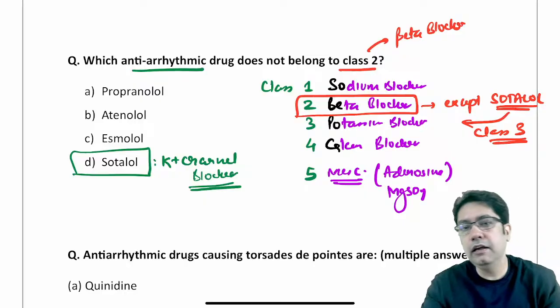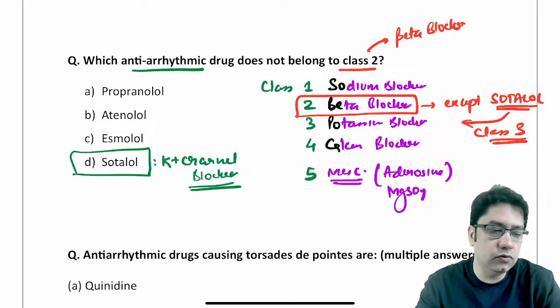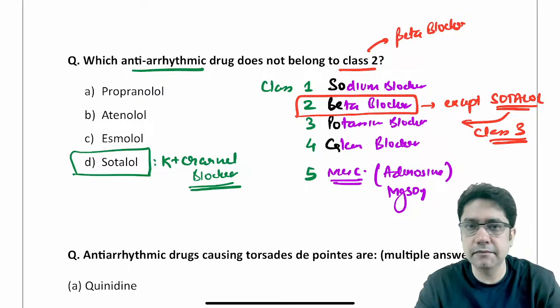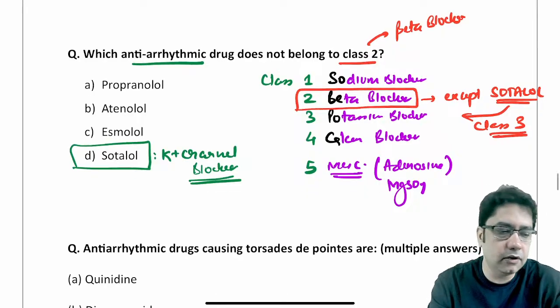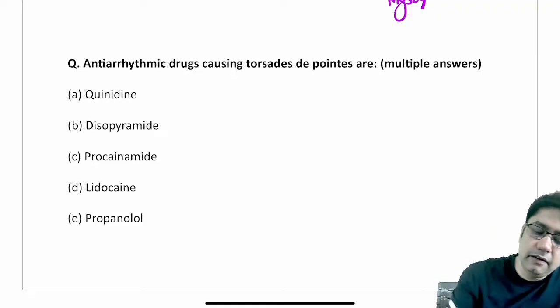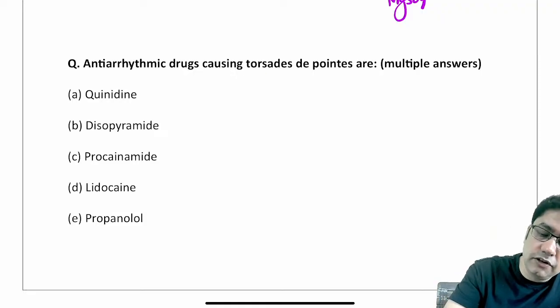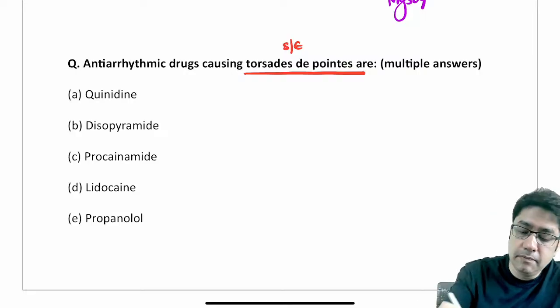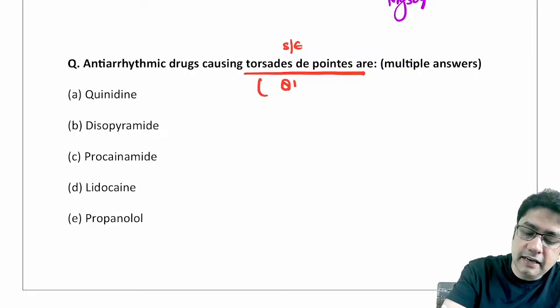That is why we don't keep sotalol under class 2, we rather keep under class 3. Okay, so which beta blocker is not under class 2? So antiarrhythmic drug which can themselves cause a side effect of torsades de pointes. Now remember, torsades de pointes is an arrhythmia which can occur because of QT prolongation.